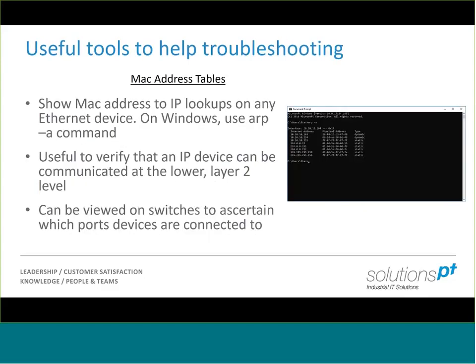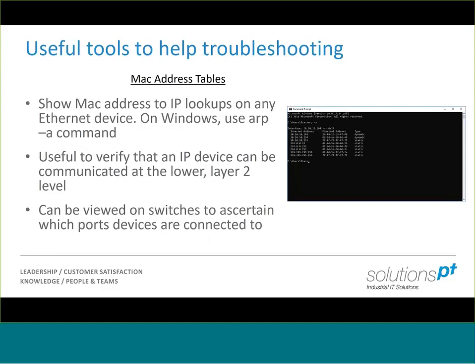So now we're just going to quickly go through a couple of useful tools you can use to help you troubleshoot, and these tie in with some of the different layers, but really these tools are a nice, quick, easy way for you to prove connectivity at the first few layers, and to hopefully eventually get you to the point where you can confirm the issue is at the application layer, for example. So your MAC address tables: if you've got no connectivity between a couple of devices, check your MAC address tables.